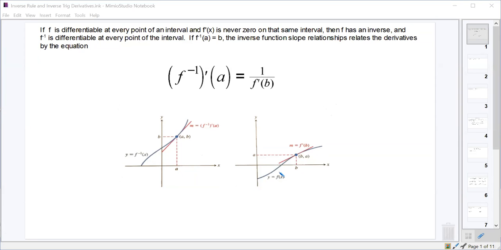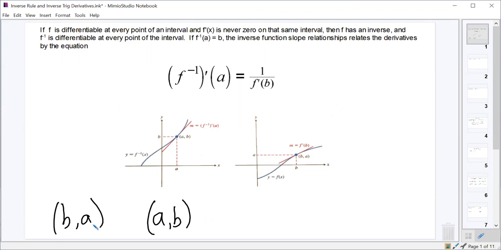So the rule that we're going to look at for functions that are inverses of each other is that if a function contains a point (a, b), then what does its inverse contain? Its inverse should contain the flip of that point.